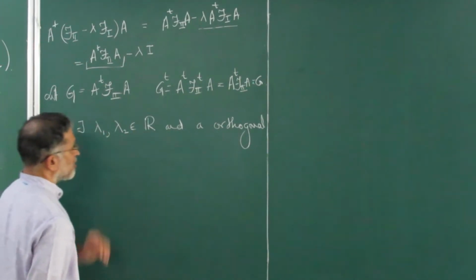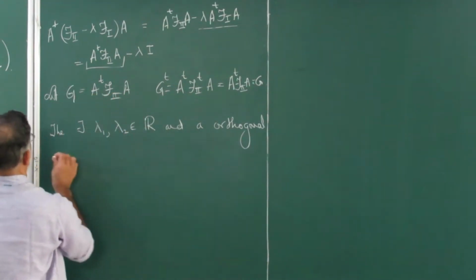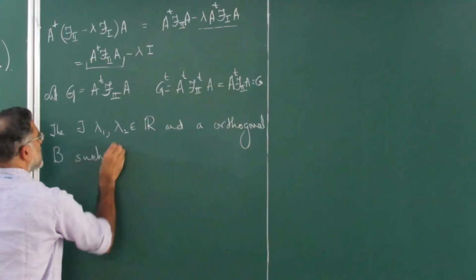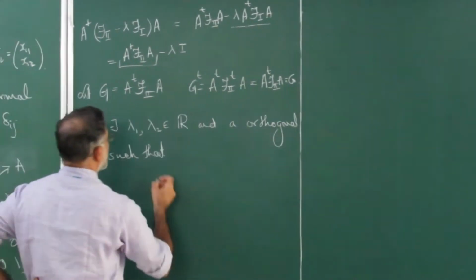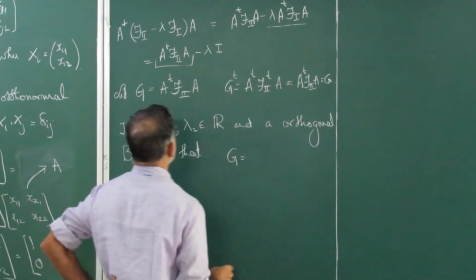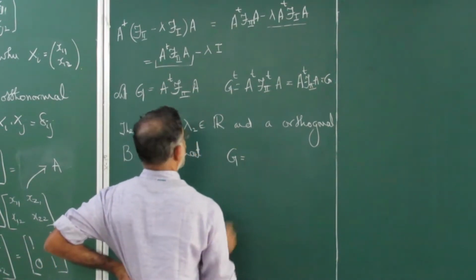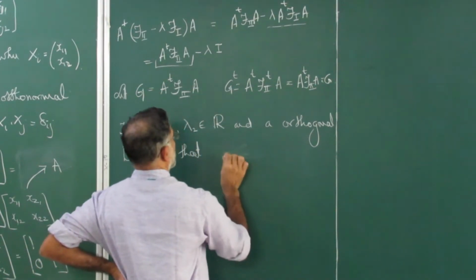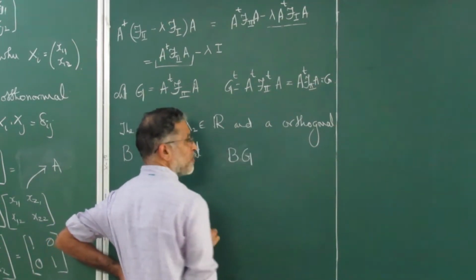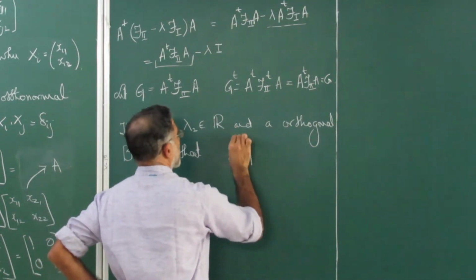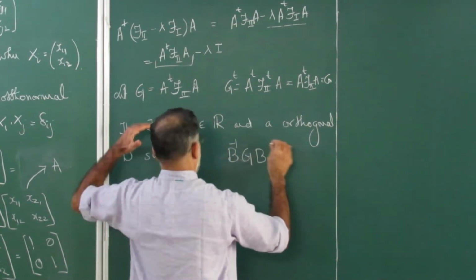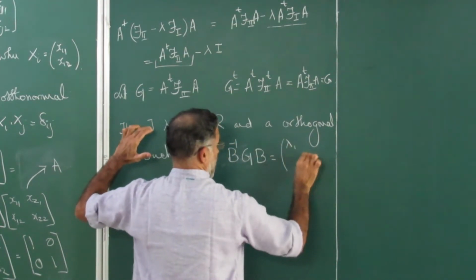That means there is an orthogonal matrix, we have used A here, B, 2 by 2 of course, such that G is similar to the diagonal matrix lambda 1, lambda 2, that is, B inverse G B is equal to the diagonal matrix lambda 1, lambda 2.